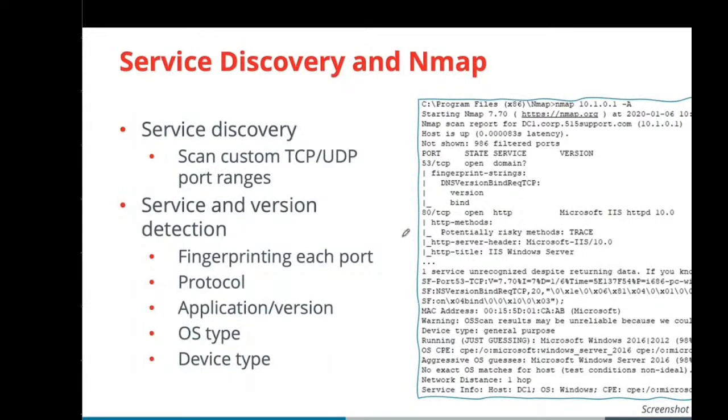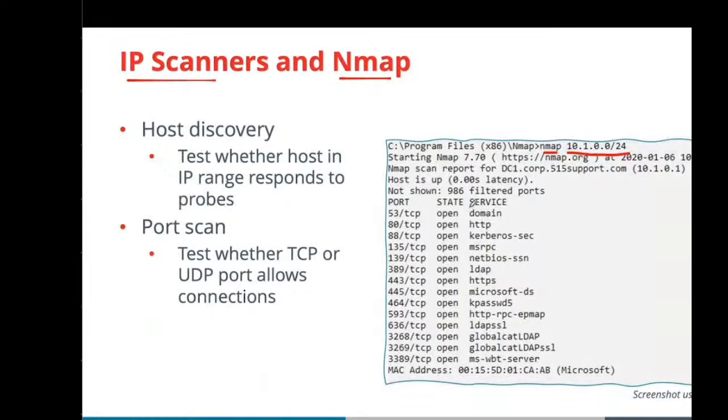Then you have service discovery in Nmap. Now, using Nmap and the switches with Nmap, we perform service discovery. In this particular command, you have the services over here without any switch.